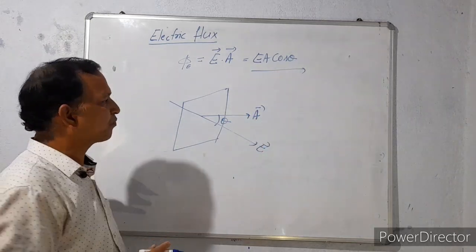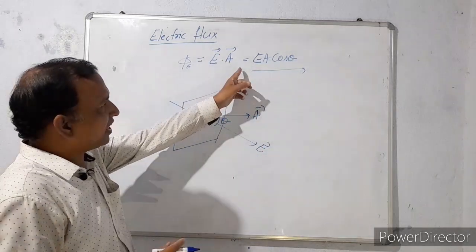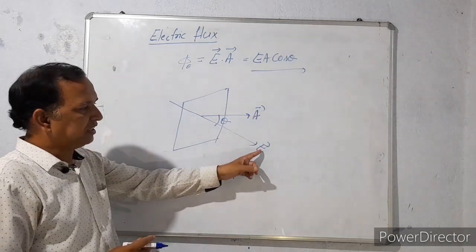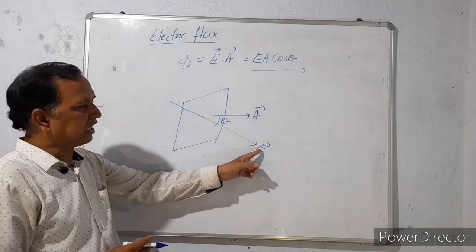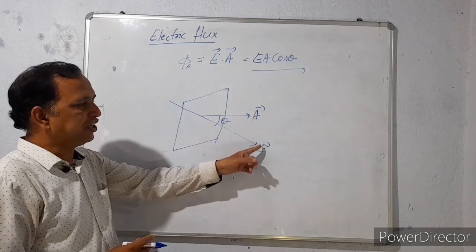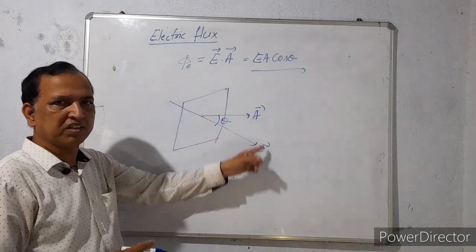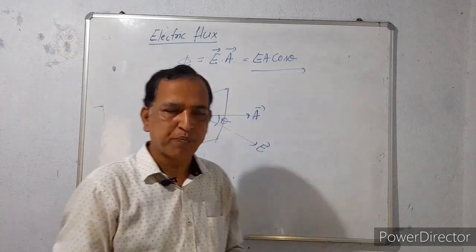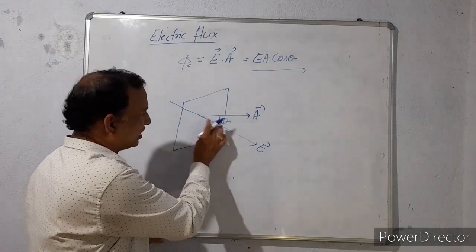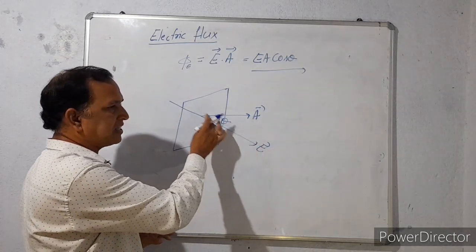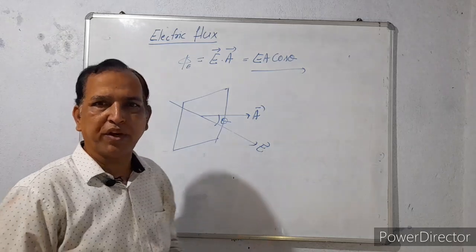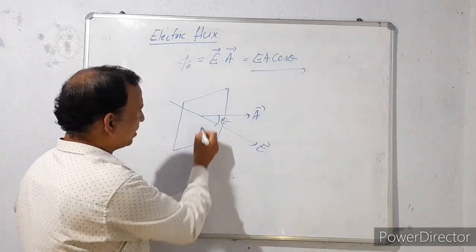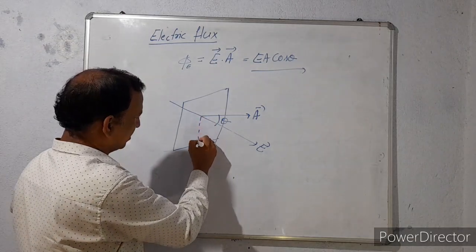Flux is the E dot A, means here E, electric field vector, and A, these two are not perpendicular to each other. So now here E, the electric field is resolved into two components. One component is along this direction, other is in this direction.